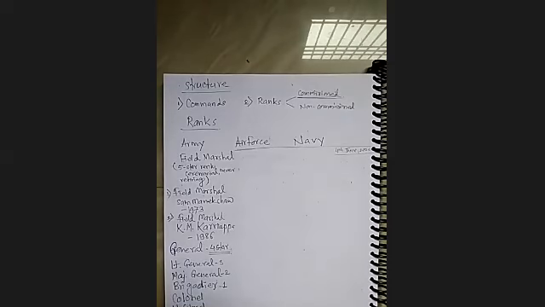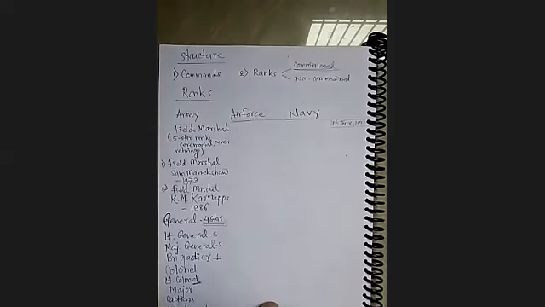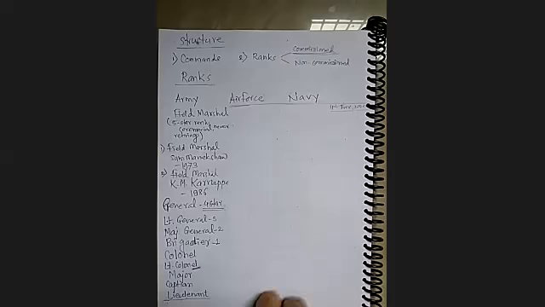The ranks can be divided into two different parts called commissioned ranks and non-commissioned ranks. So we have considered for army here the commissioned ranks, which always start from the lieutenant. So first is lieutenant, second is captain, third is major, fourth is lieutenant colonel, fifth is colonel, sixth is brigadier.